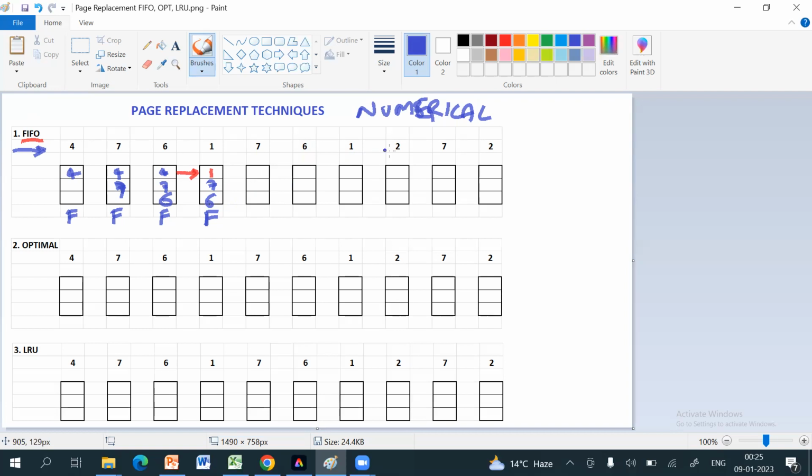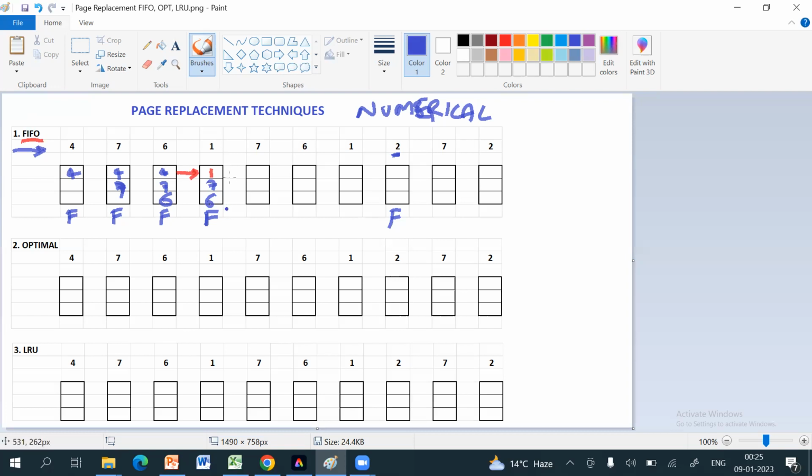All right. Next is 2. So we are right now here. 2 is not found in the memory, so obviously there would be a page fault here. 2 will have to be loaded into the memory, but for that we need to replace one of the existing pages.